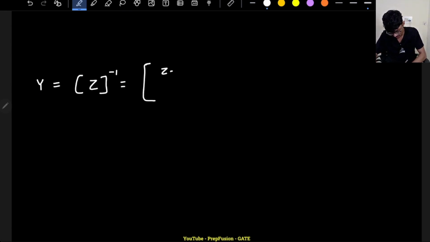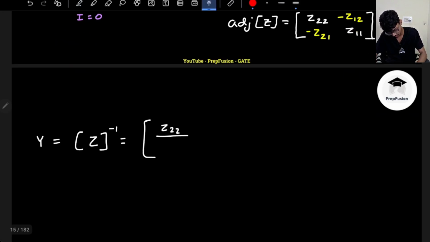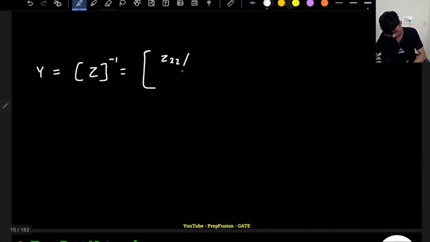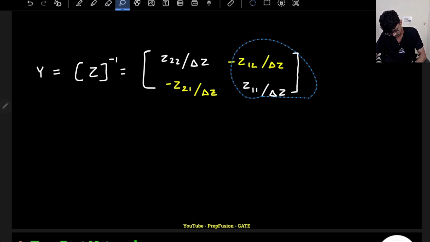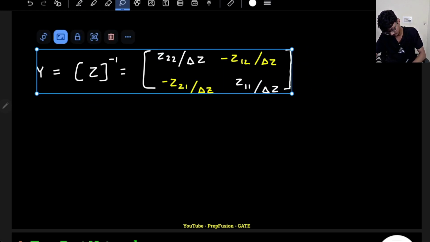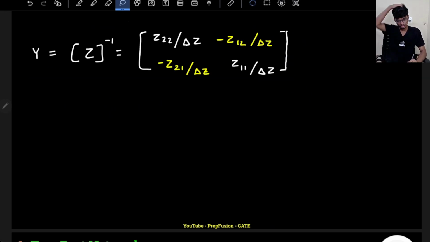It will be equal to Z22 by delta of Z, this is my determinant I have already found, minus of Z12 by delta of Z, minus of Z21 by delta of Z, and Z11 by delta of Z. Okay, so these are my Y parameters basically.